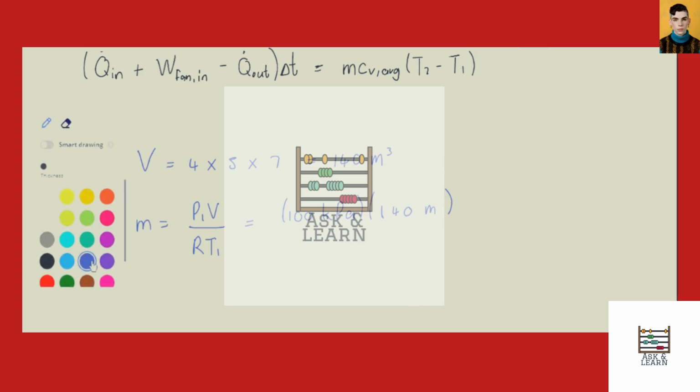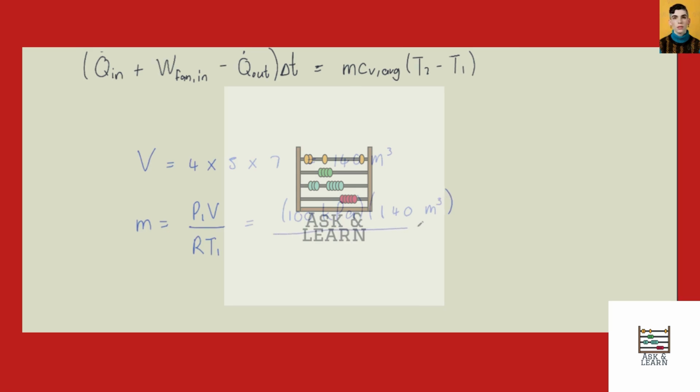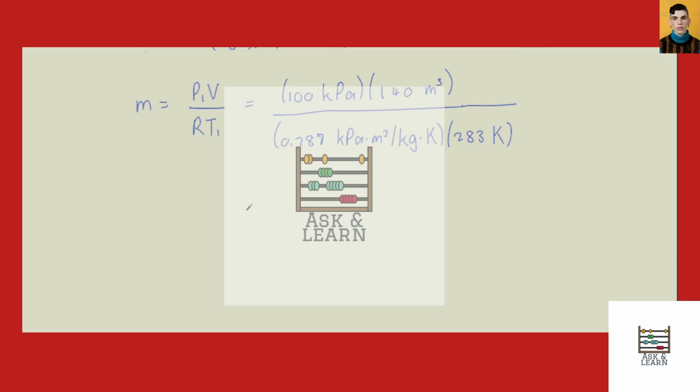And all this is divided by the gas constant of air, R, which we found from our tables to be 0.287 kilopascal meter cubed per kg Kelvin, and the initial temperature is 283 Kelvin, 10 degrees Celsius. And so if we do this calculation, we get the mass of air to be 172.4 kg.